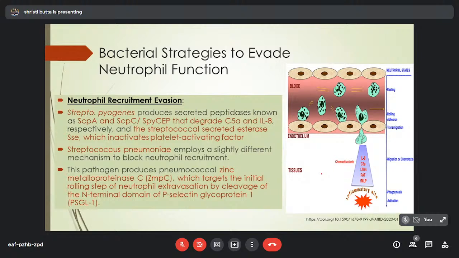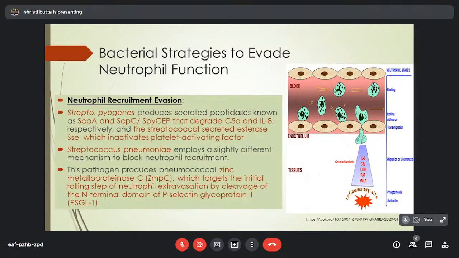Besides that, Streptococcus pneumoniae blocks the activity of the neutrophils by blocking their recruitment, producing enzymes like zinc metalloproteinases, which target the initial rolling step of neutrophil extravasation by cleavage of the N-terminal domain of P-selectin glycoprotein 1.